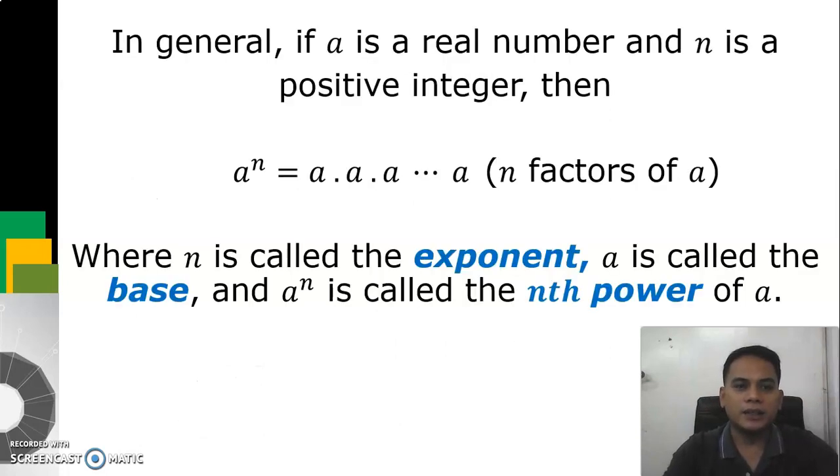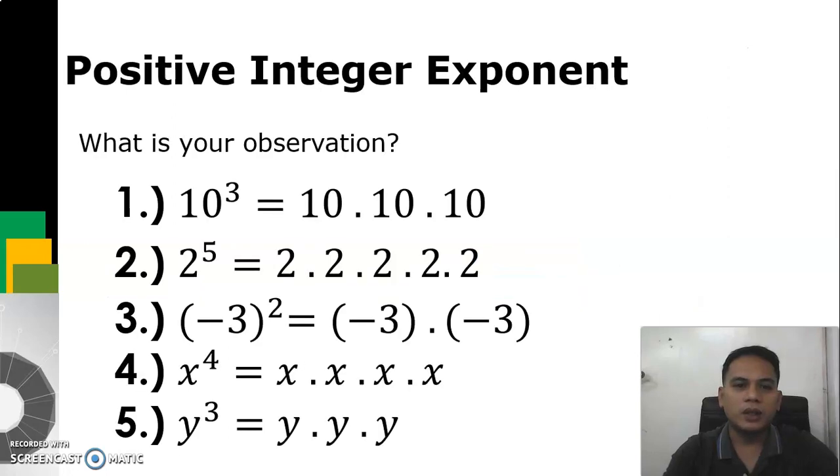Now let's discuss. In general, if a is a real number and n is a positive integer, then a to the n is equal to a times a times a, and this is n factors of a. So in our example, we have 10 to the cube. What happened is 10 times 10 times 10. 2 to the fifth becomes 2 times 2 times 2 times 2.